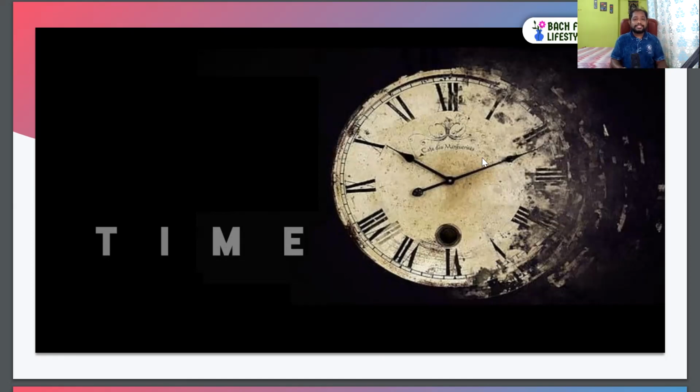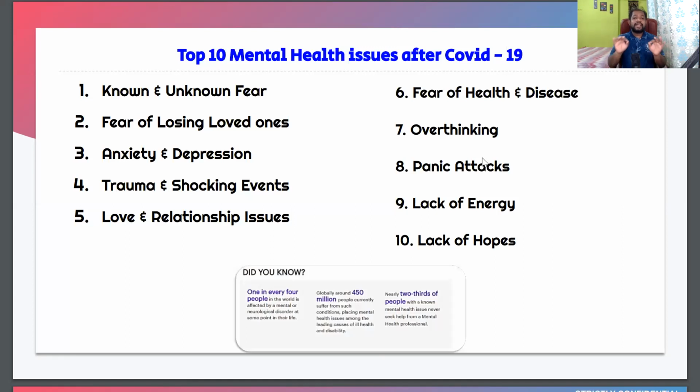Let's move to the next part, that is, after COVID-19, there is a certain range of mental illness and mental disease. If I describe a few on this slide, it is the fear of known and unknown things, which has spread across many people after this COVID or pandemic situation.